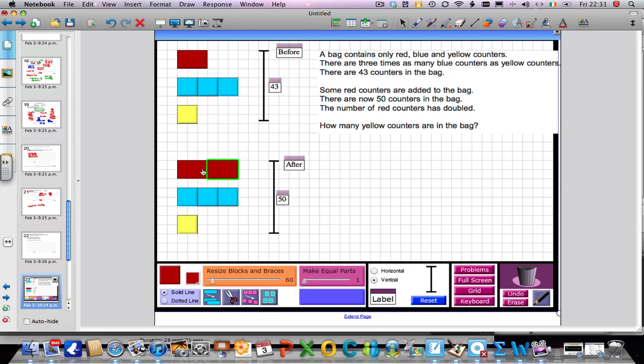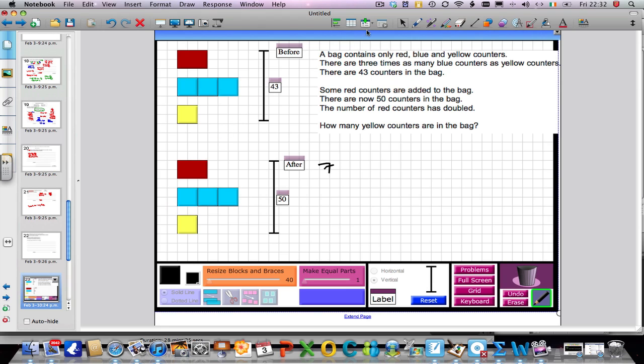So that's why I have 2 blocks here of the same size. So the number of reds has now doubled, and the number of counters in the bag has gone up to 50. That means that this red block that has been added must represent 7 counters. So that red was worth 7 counters.